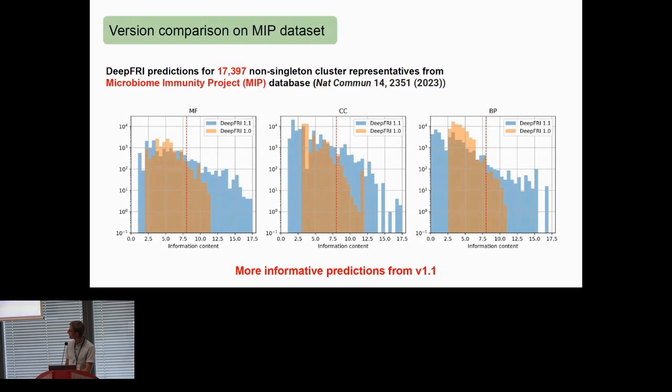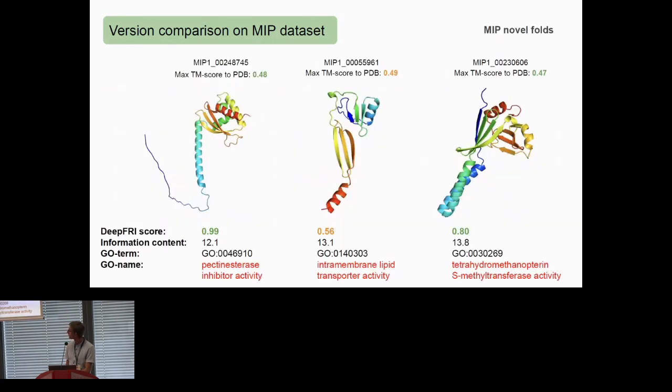And as you can see, indeed, we've got much more predictions from version 1.1 as compared to the original one. We also wanted to take a look at some examples. For instance, for molecular function, those are our function predictions for novel folds in the MIP database. So we not only have high information content, but also a very high DeepFry score.